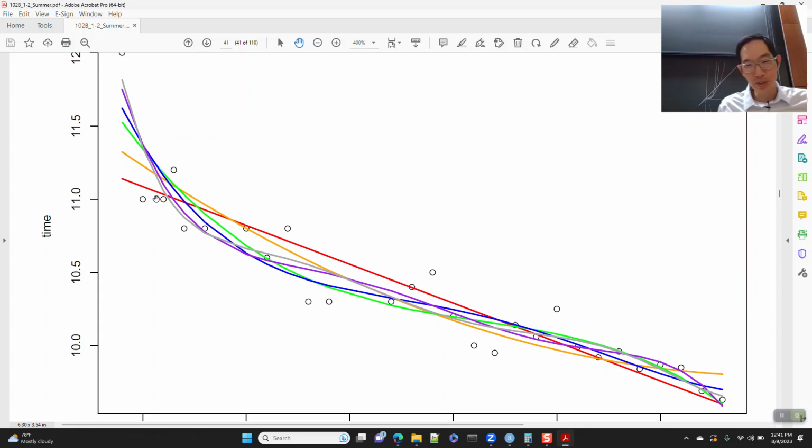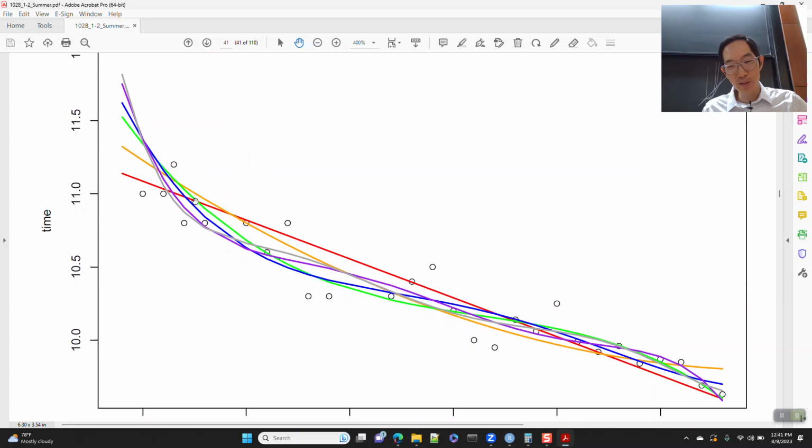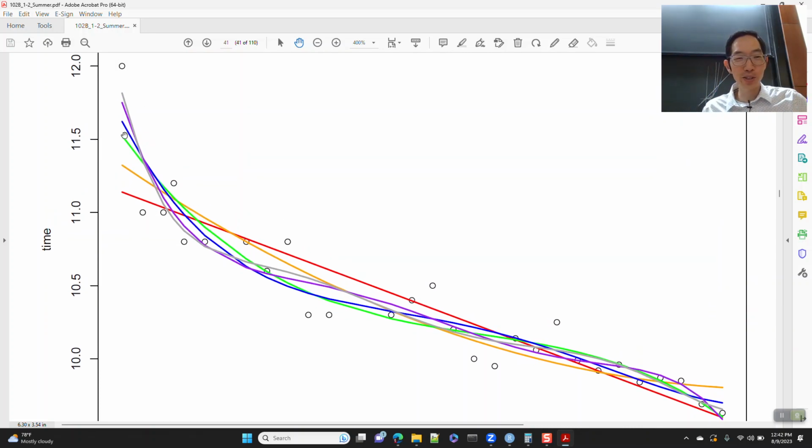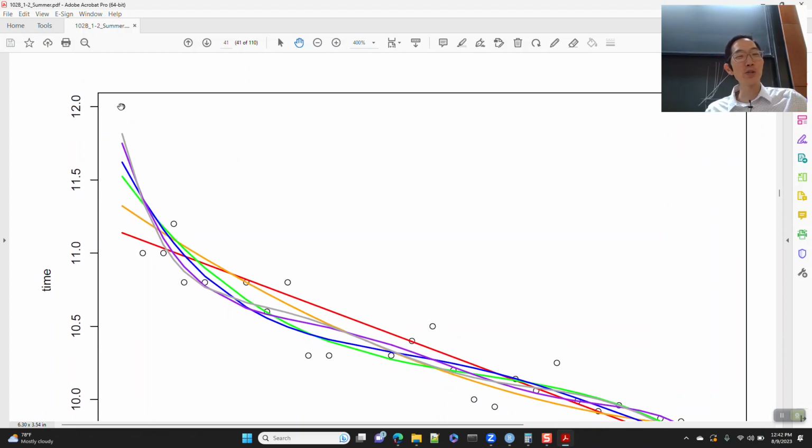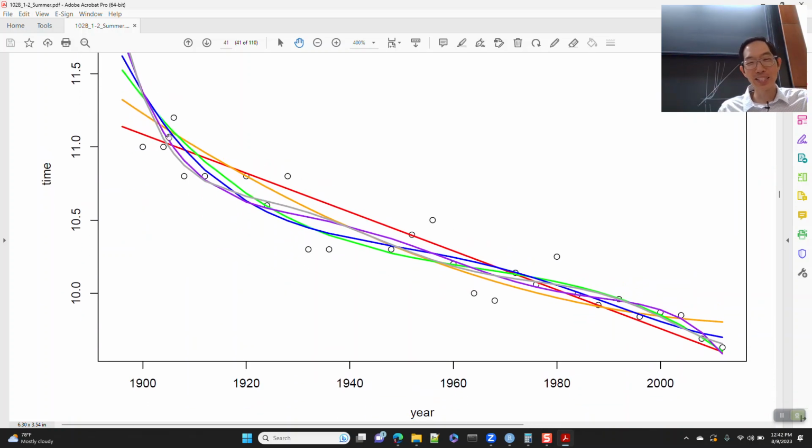So the red line is the linear model, and then I think the yellow line is the quadratic, and the green is cubic, and then the fourth order and fifth order. And you can see that as the polynomial order gets higher and higher, they all try to accommodate this one outlier from 1896 where the winning time was 12 seconds because we didn't have accurate stopwatches and things like that.